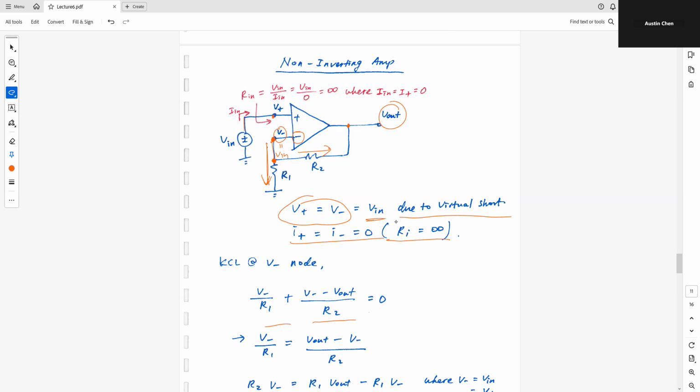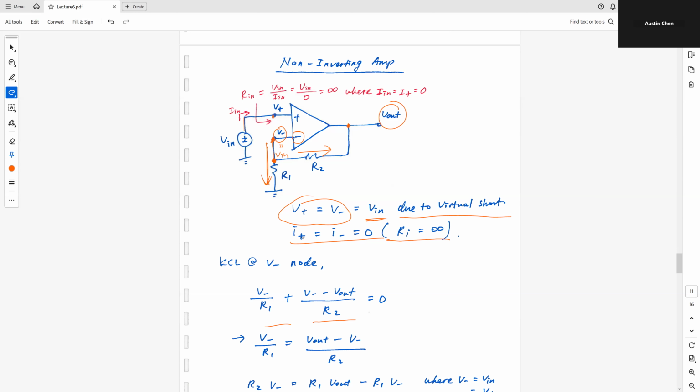So two terms. And of course, where's the third term? We have three branches, 1, 2, and 3. The third branch is basically captured by I minus, the current going into the negative terminal, which is equal to 0, so I'm skipping that one here. So two terms here: branch current 1, branch current 2, set equal to 0.